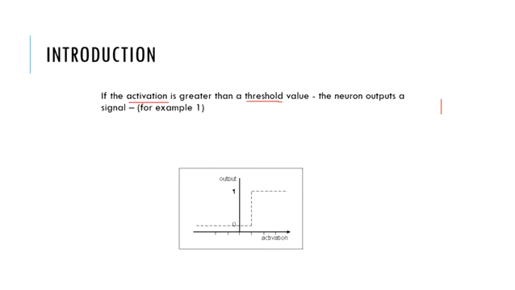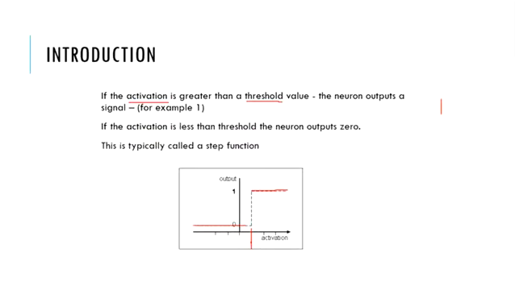If this function passes our criteria, then we produce 1. If it fails our criteria, then we produce 0. So the output is either 1 or 0 based on what the value of activation is. Activation above a certain range produces 1. Activation below a certain range produces 0.